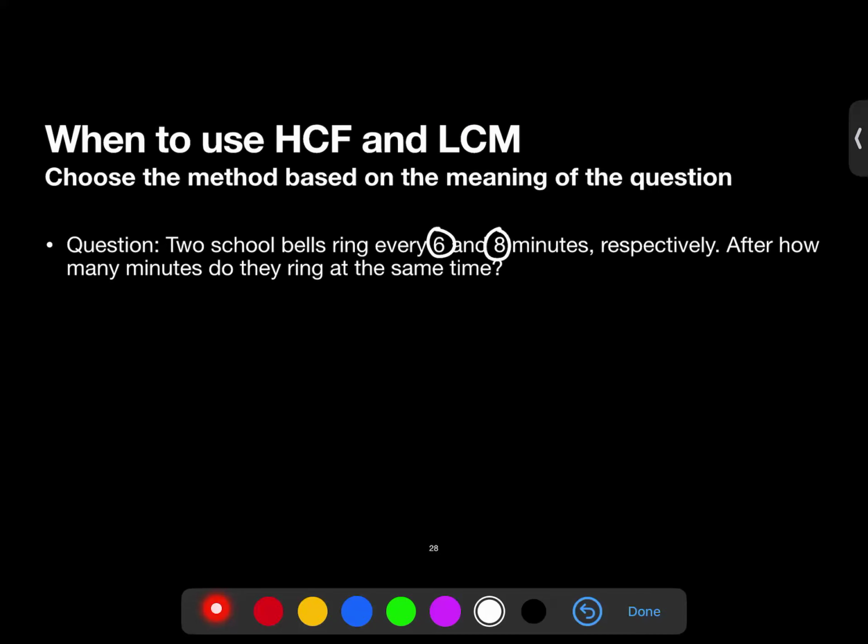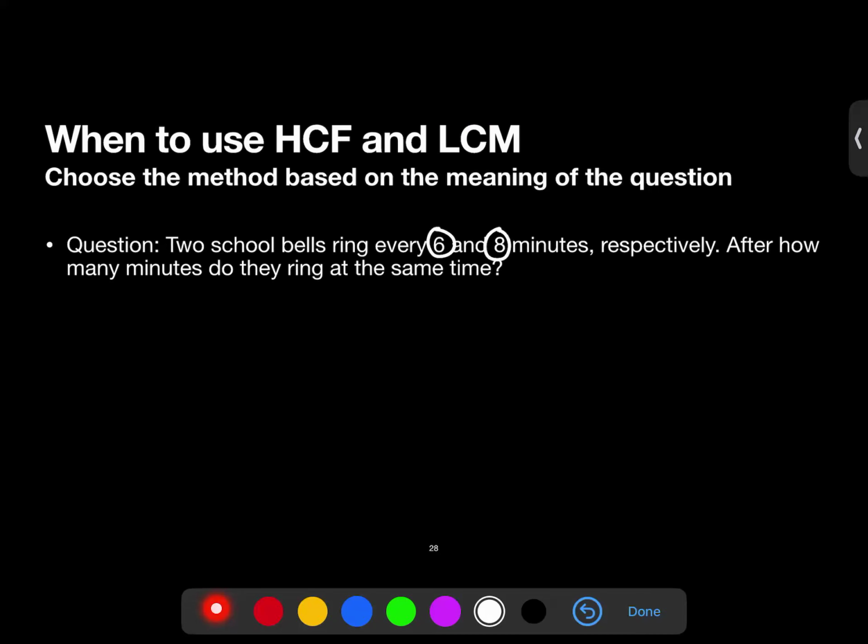So maybe it'll be a little bit easier to understand once we see this example here. So I have 24 red balls and 36 blue balls. How many groups can I make where the number of red balls and blue balls is the same for each group?